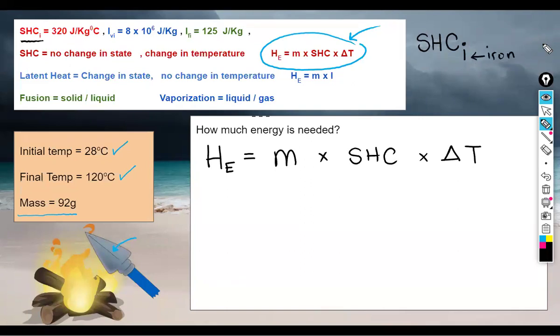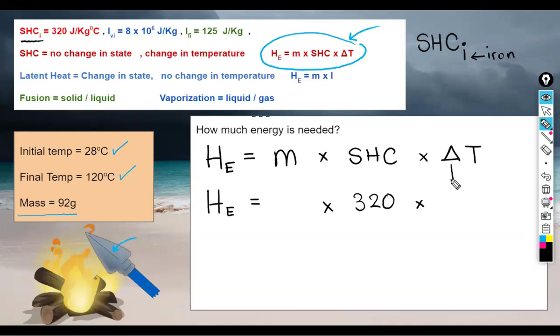The I stands for iron. Don't worry, the examiner will make it perfectly clear. So let's put in the values here, to calculate the amount of heat energy required. The specific heat capacity of the material in question is 320. So we put 320 here.